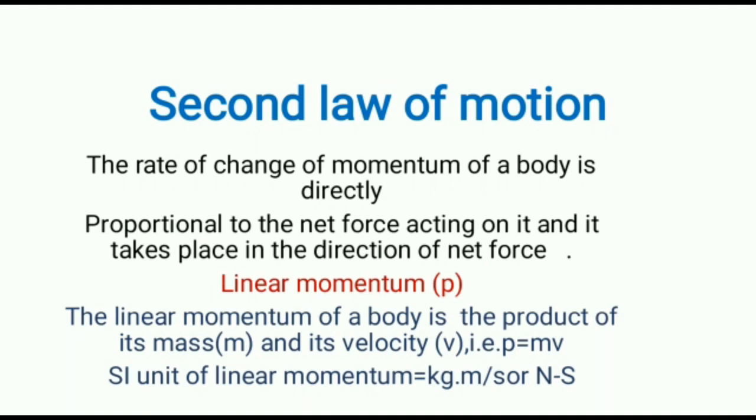Here we observe linear momentum. The linear momentum of a body is the product of its mass m and its velocity v. Linear momentum is denoted with the letter P. P is equal to m into v.